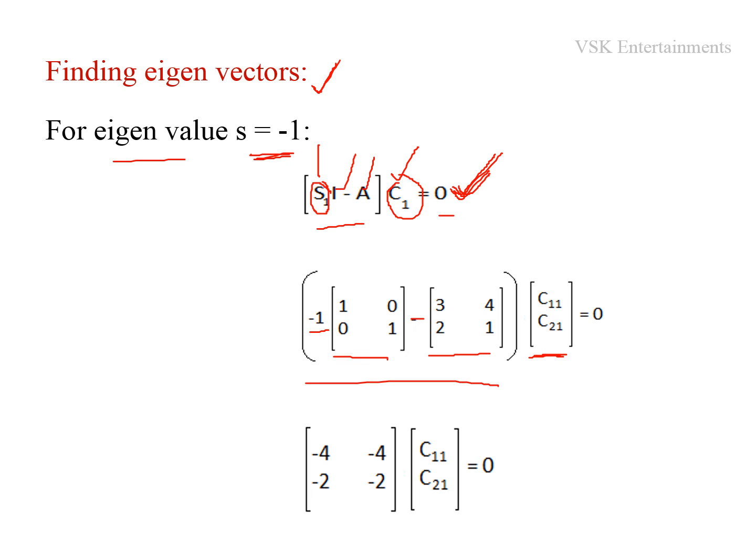Now by using matrix subtraction, simplify this entire equation: -1 into 1 minus 3 is -4, -1 into 0 minus 4 is -4. Similarly 1 into 0 is 0 minus 2 is -2, 1 into 1 is 1 minus 1 is -2, into [C11; C21] is equal to 0.